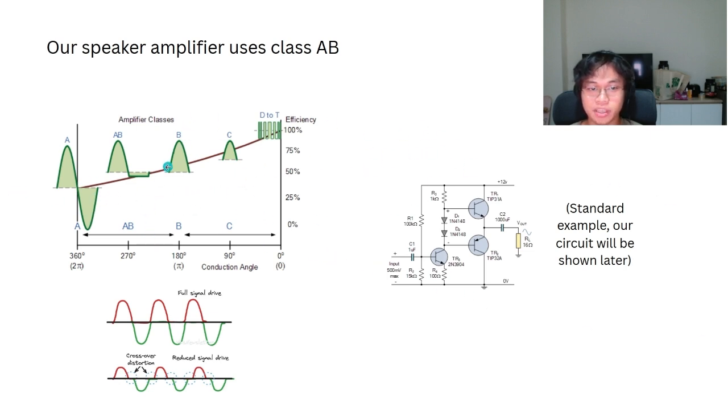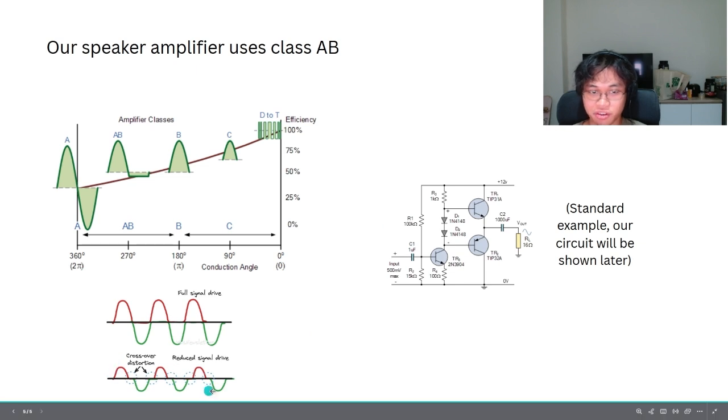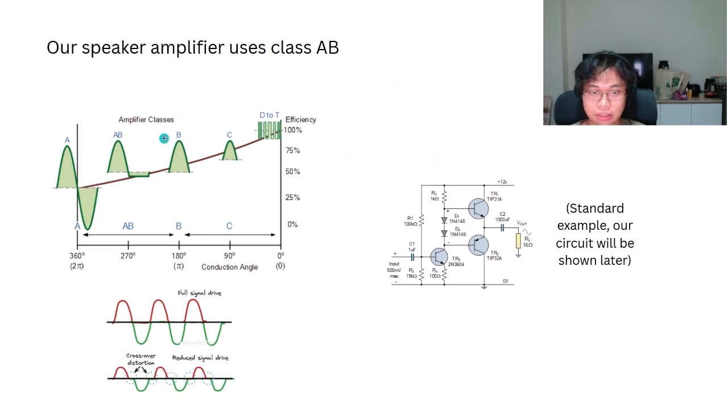And the class B has two transistors, one of them amplifies the positive only and one of them amplifies the negative only, and that is quite efficient, but it'll cause distortion, like this crossover distortion here, and we don't want that when we're trying to do sound. And so we use the AB, which is kind of a mix of both.